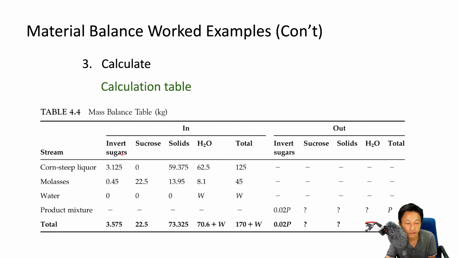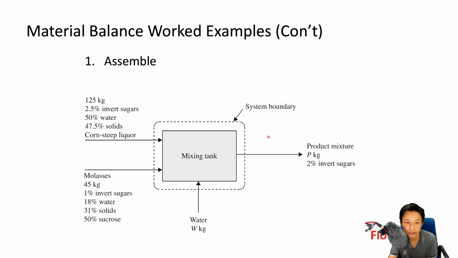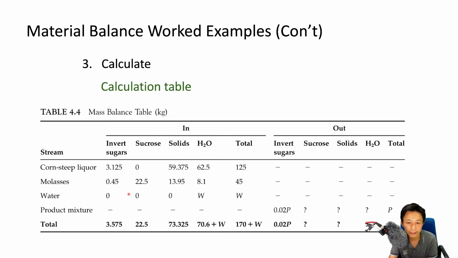We have invert sugar, sucrose, solids, and water. This is total. Have a look at this table again. This is your inlet, from this flow sheet, and this is the outlet that you need to identify in the end.